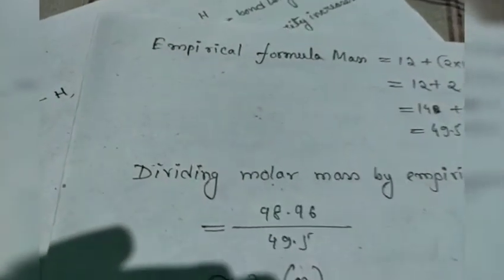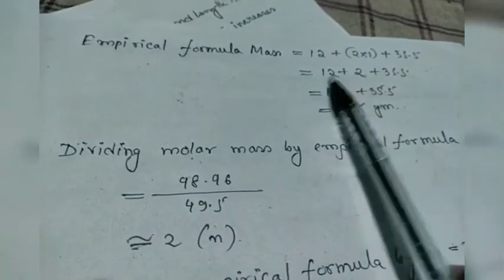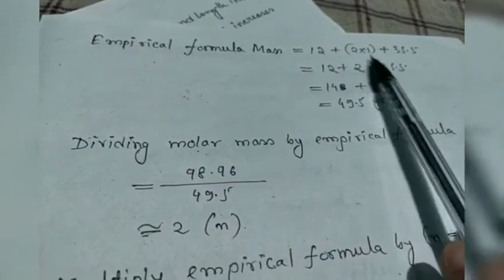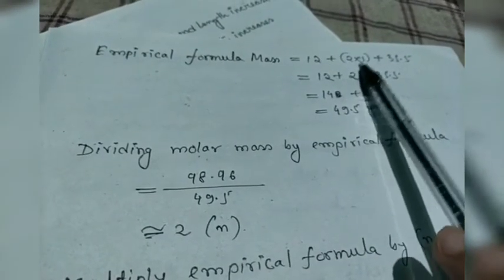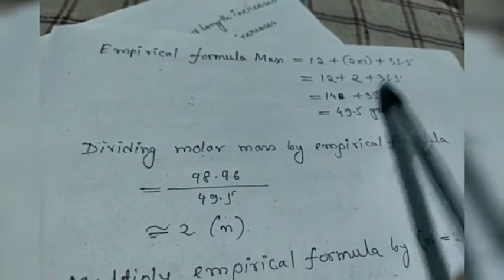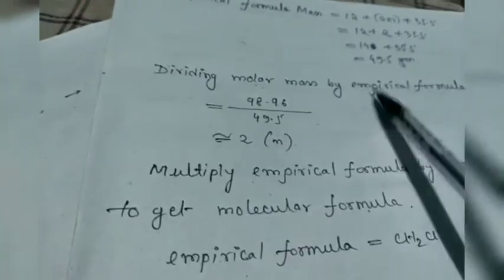So next, we have to calculate the empirical formula mass. The empirical formula is CH2Cl: 12 gram for the carbon atom, 2 into 1 for hydrogen, and the mass of Cl. It is found to be 49.5 gram.